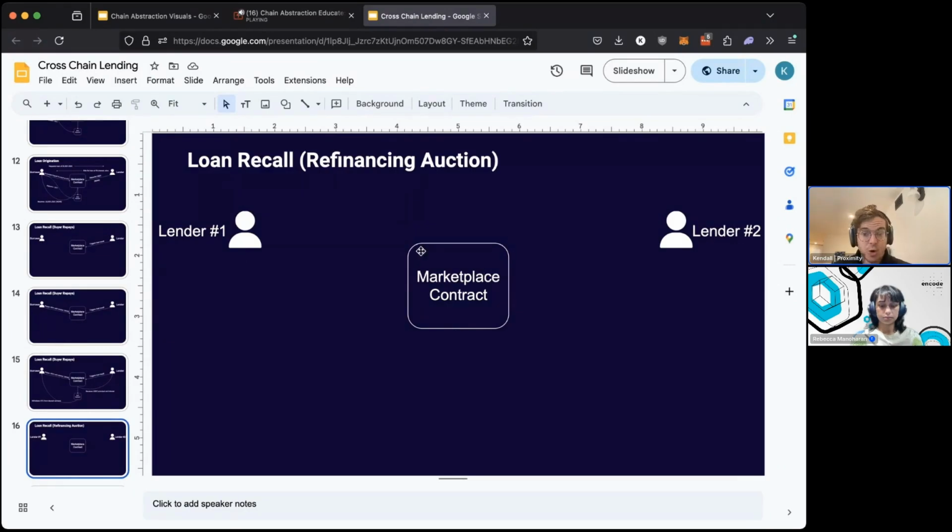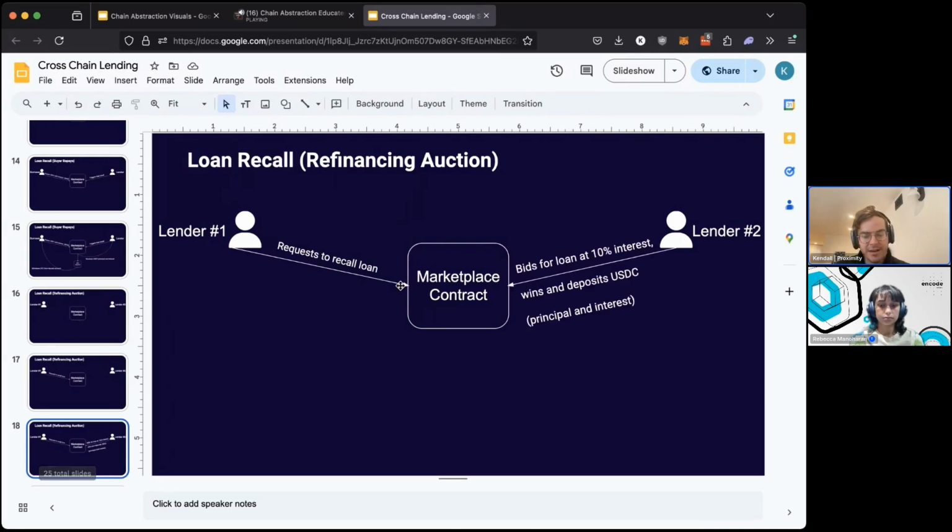So in this case, it's only lenders participating. Let's say the borrower says, no, I'm fine, let it refinance, whatever. I'm still using my loan funds somewhere, and I want to continue that. So in this case, the lender who actually owns the loan will request to recall it. After some period where the borrower can repay, it'll create this auction. And then it's like that first step where the lenders are bidding on the auction.